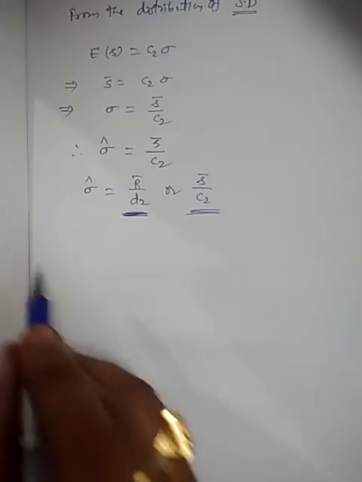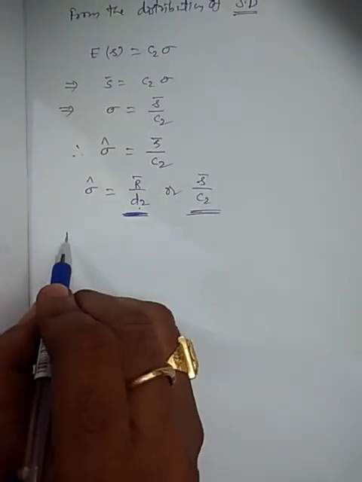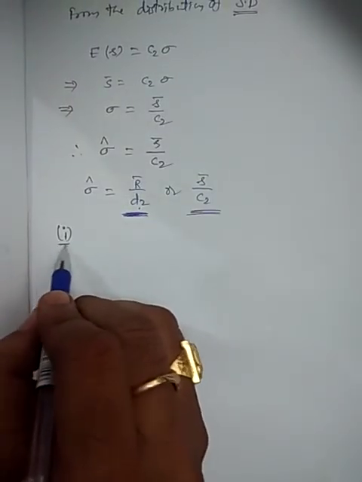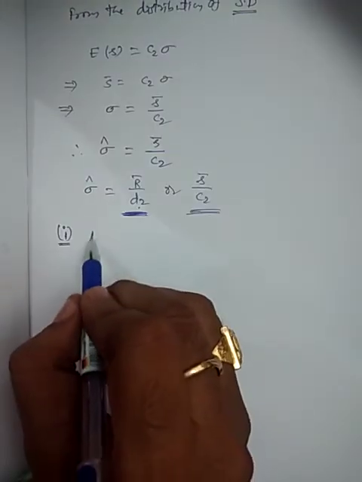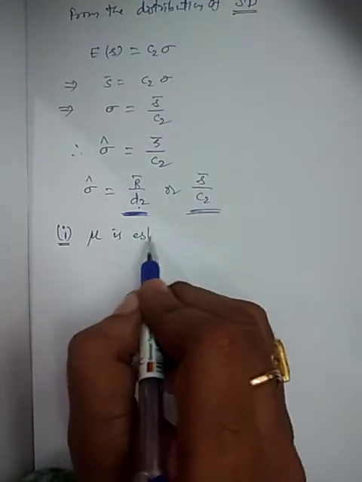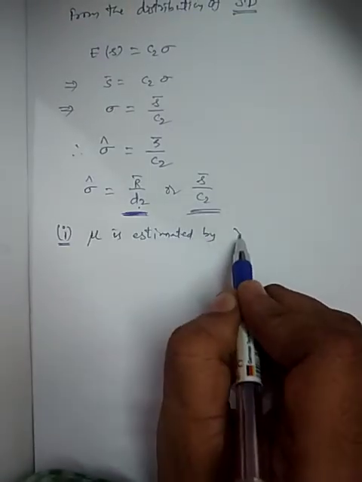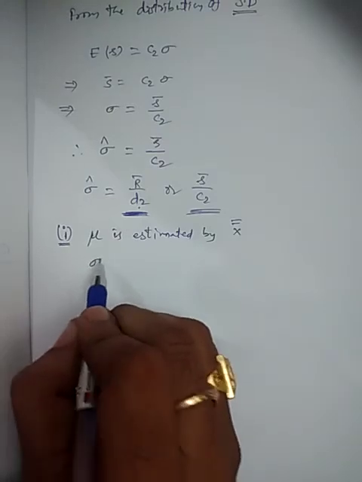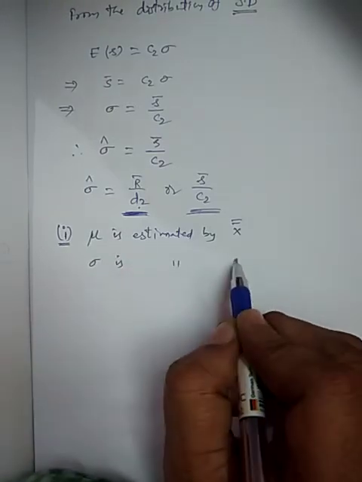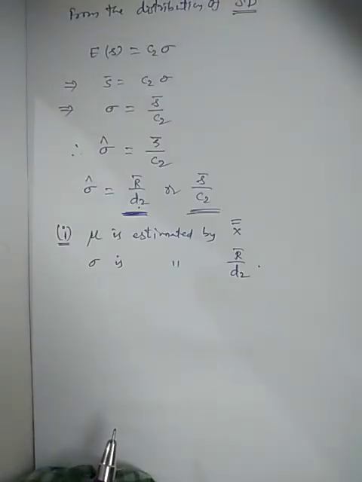Now by using this we can have one particular case. Case 1: mu is estimated by x double bar and sigma is estimated by r bar by d2. We can use s bar by c2 or r bar by d2.